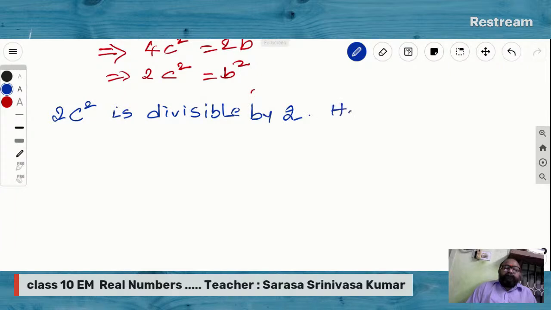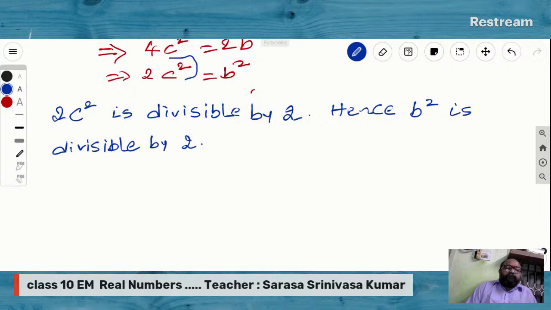Hence, B square is divisible by 2. So when 2C square is divisible by 2, the right hand side B square must also be divisible by 2.